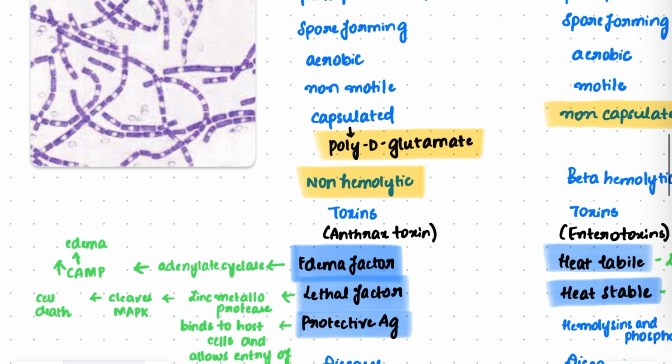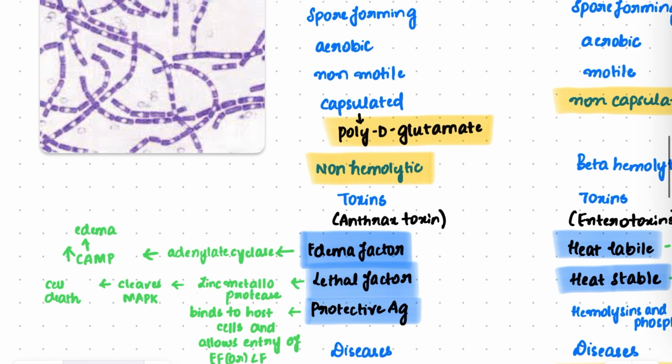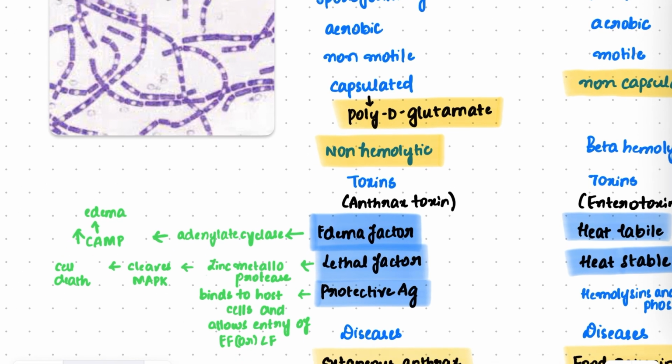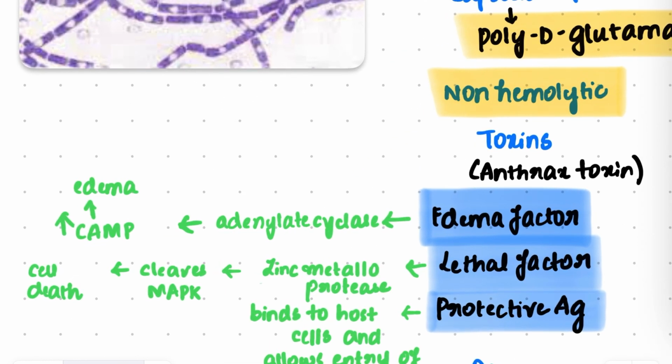It is non-hemolytic. And the toxin produced by this Bacillus anthracis is anthrax toxin, which has three factors, that is edema factor, lethal factor and the protective antigen. Coming to the edema factor, with the help of adenylate cyclase, it will increase the cyclic AMP and cause edema.